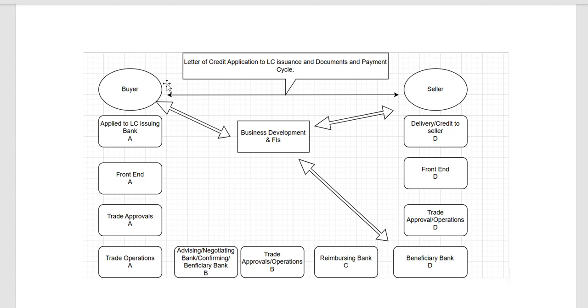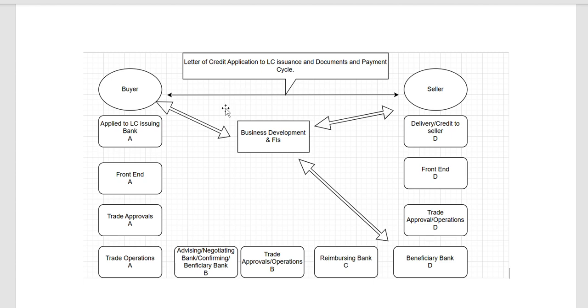The contract will mention everything: who will bear the charges, what type of goods need to be shipped, when it has to be shipped, what is the timeline within which the buyer should receive the goods, and what is the mode of transportation to be used, whether it is air shipment, land transportation, or an ocean voyage shipment, and whether transshipment is needed and whether partial shipment is allowed or not.